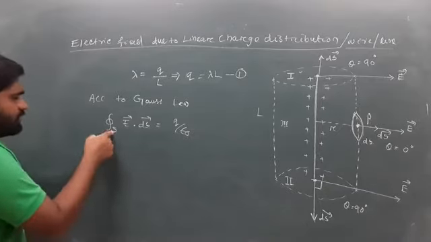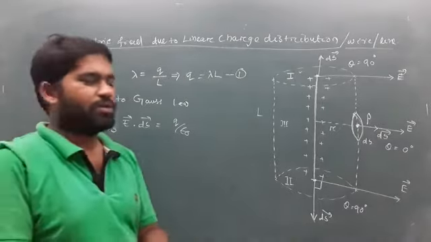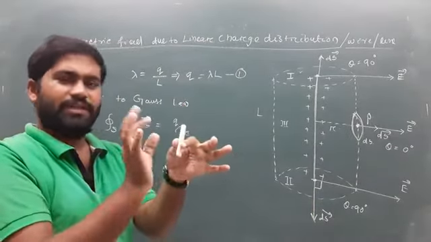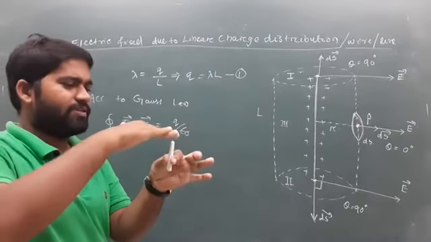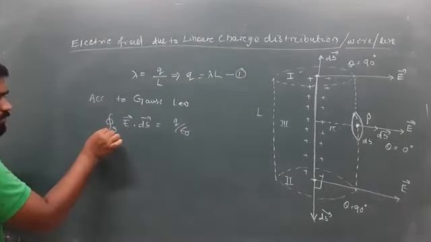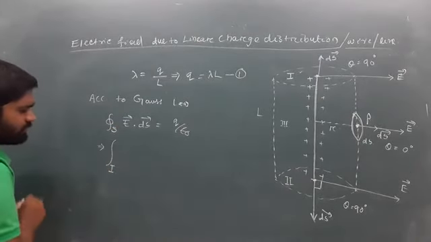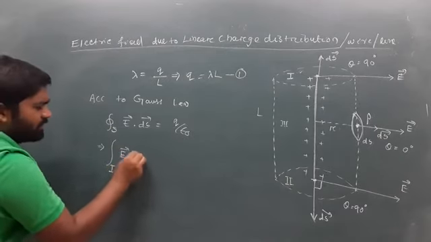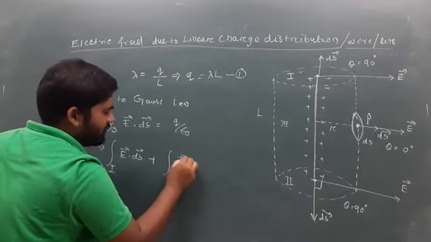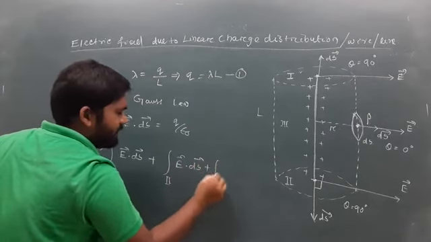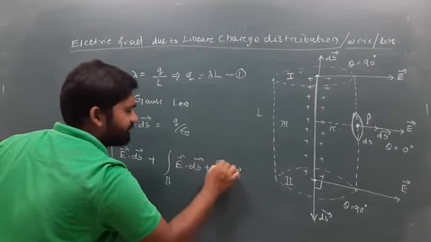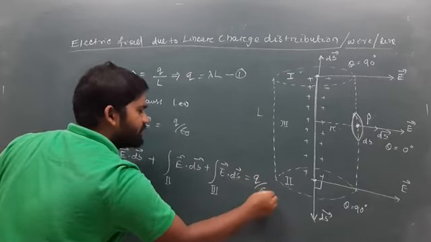We divide the total surface of the cylindrical region into three different regions: upper circular, lower circular, and middle curved region. So my closed integral over S is now the integral over region 1 of E dot dS plus the integral over region 2 of E dot dS plus the integral over region 3 of E dot dS, equal to Q by epsilon naught.